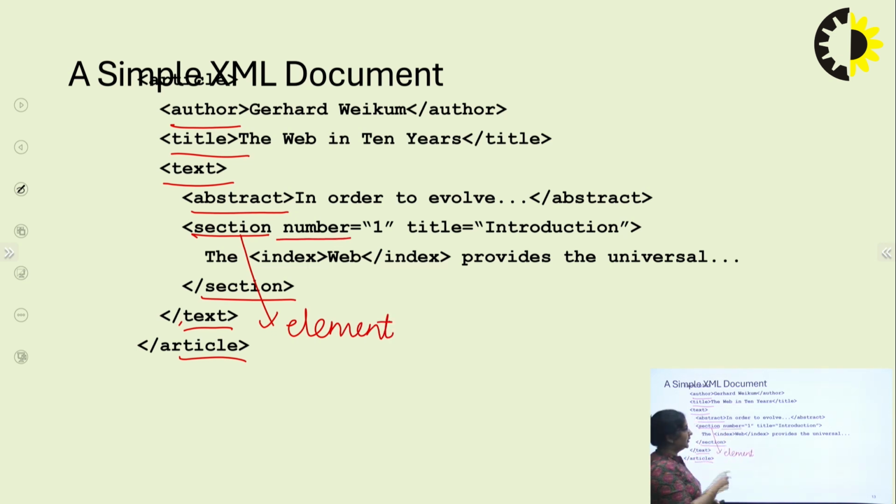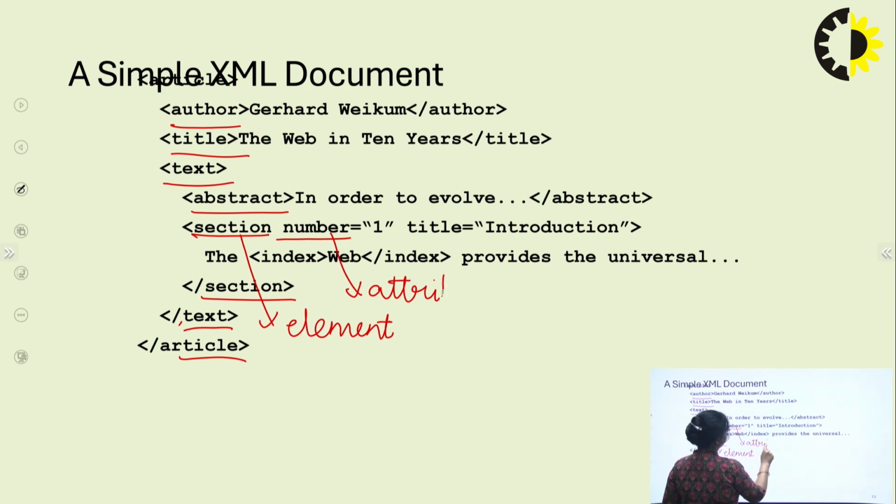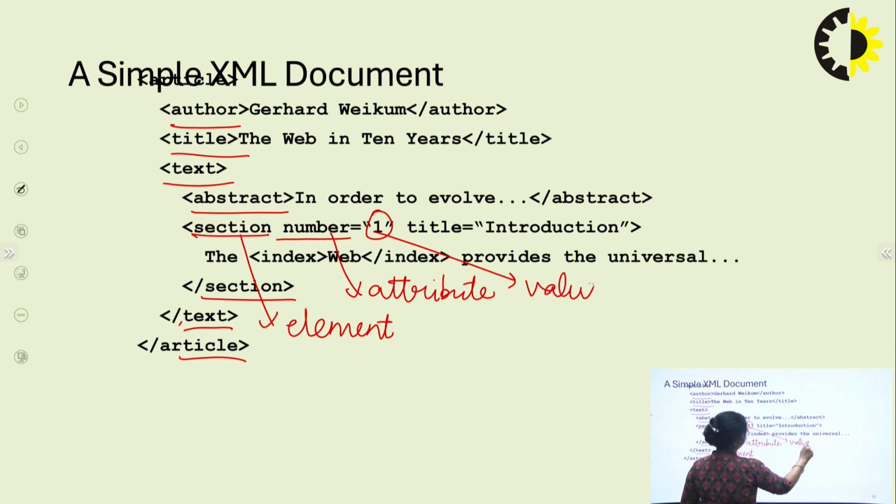Now what is a number? Number is defining the property of the section. So section is an element and number over here will become the attribute. And what is this one? This one will be the value. These are the further refinements in an XML file.